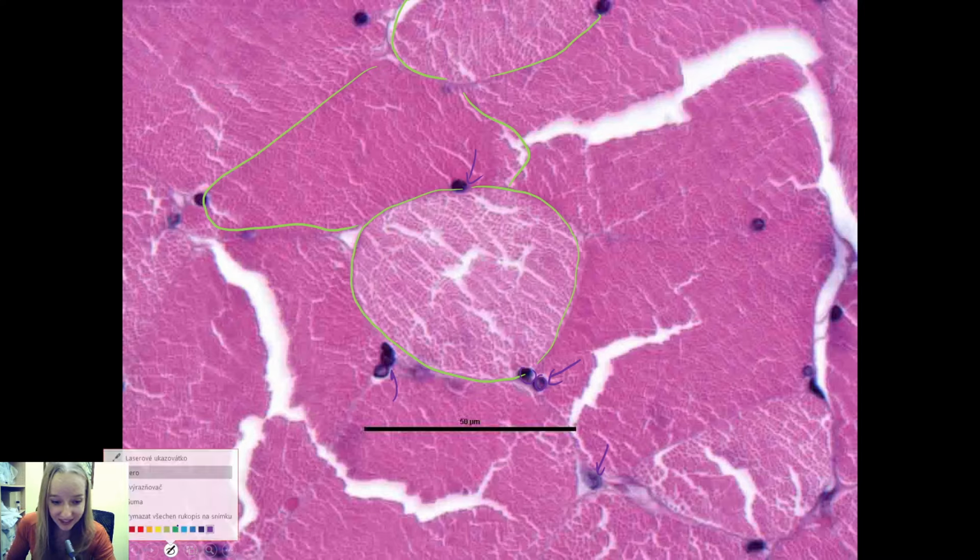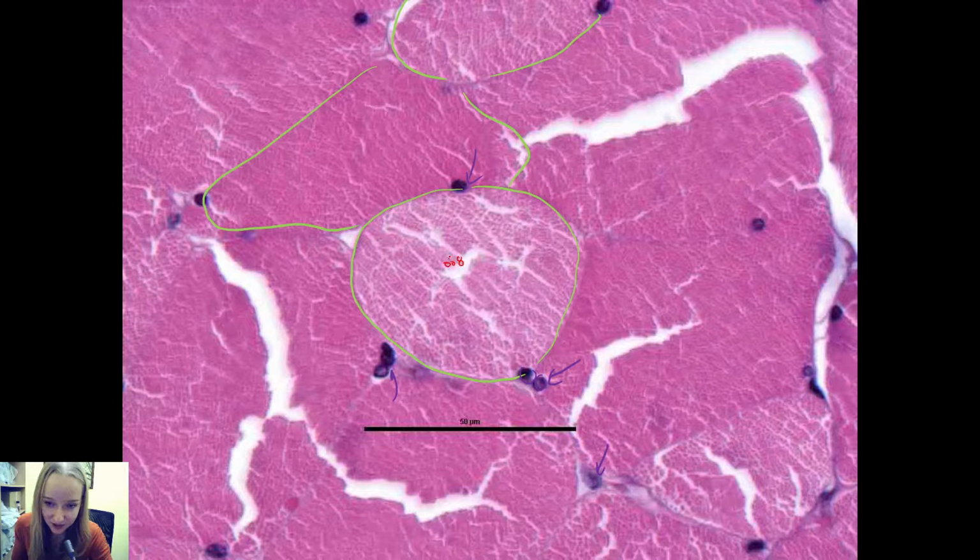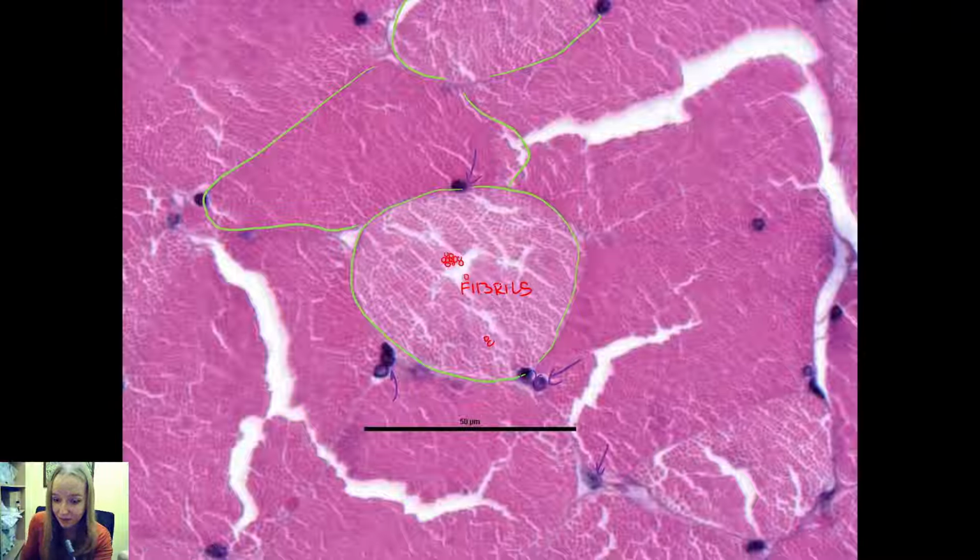And what we can see also are these eosinophilic dots over here. These are myofibrils, the cross sections of myofibrils. So we can see cross sections of myofibrils in a cross section of a muscle fiber.